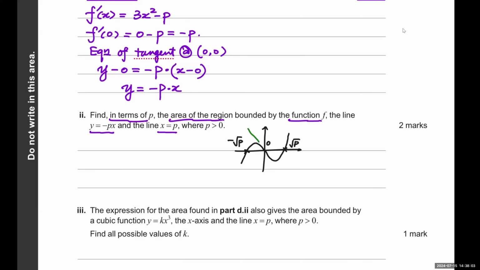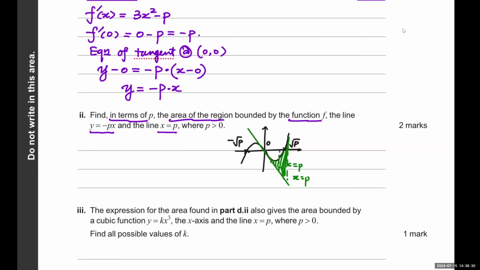We've just determined the equation of the tangent at x equals 0, okay? And the area bounded by the function f, the line y equals px and the line x equals p, well, we could have, let's say, x equals p here or x equals p here. It's just integrating the upper function minus the lower function, okay?